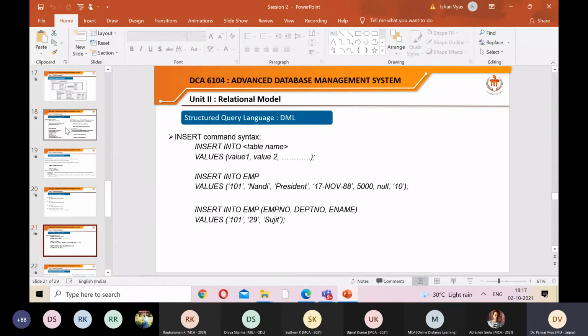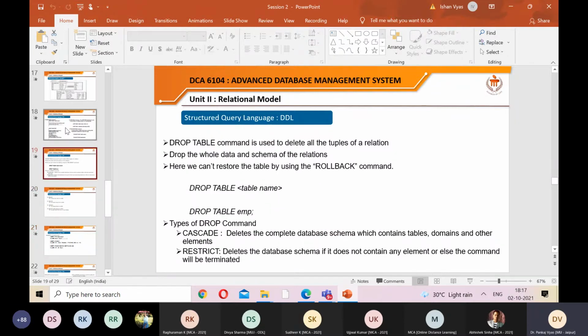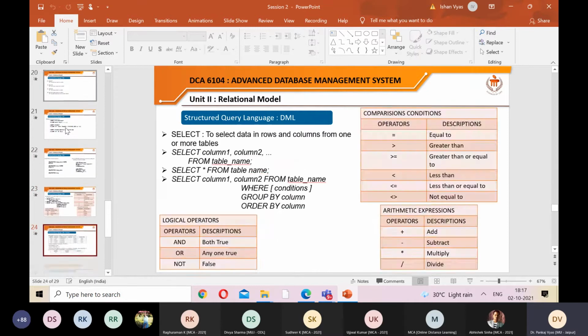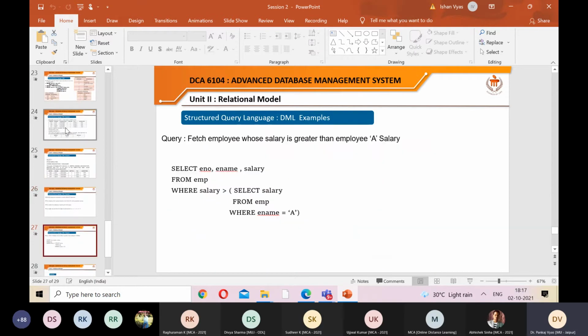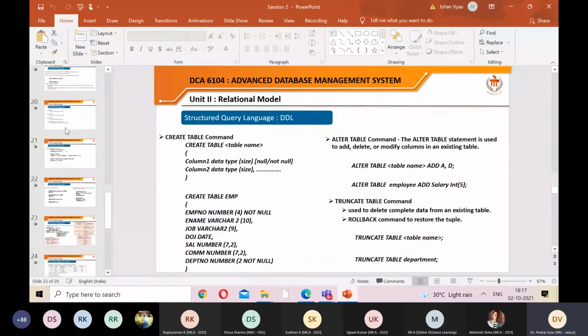Which statement falls in which category, whether it's data manipulation language or data definition language. For example, insert falls in data manipulation language. Clear, which is a data definition language command, which is a data manipulation language command, etc. So all these examples you have to execute, at least that's my advice to all of you.